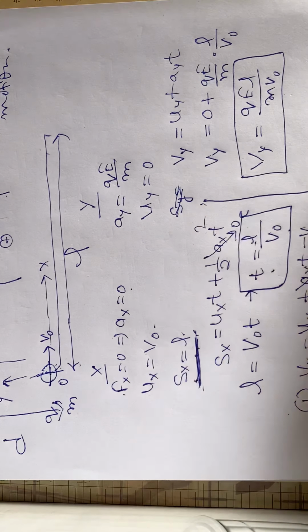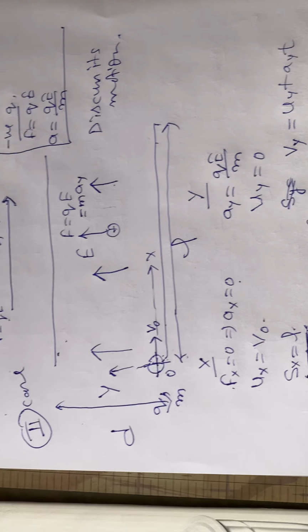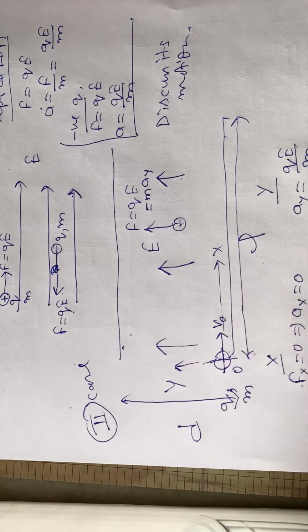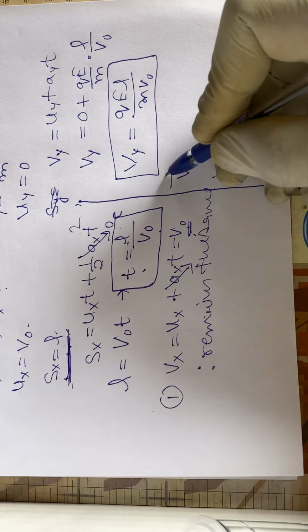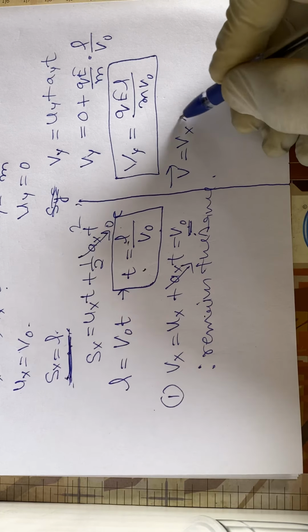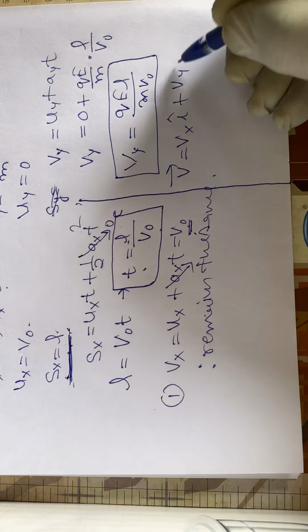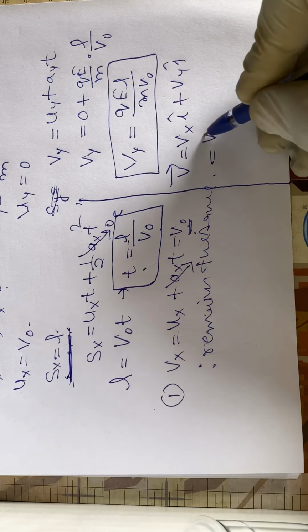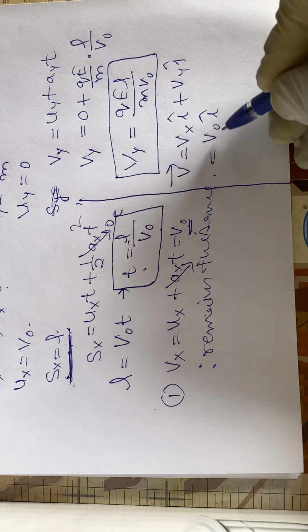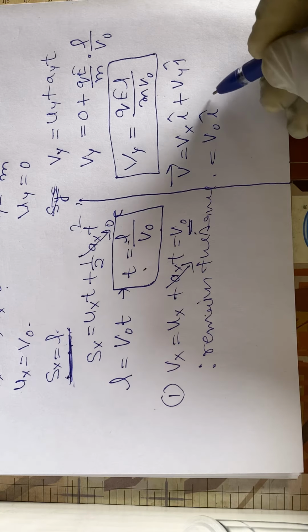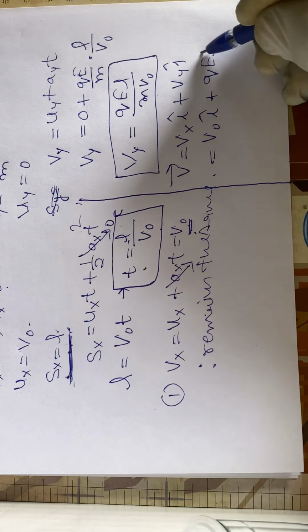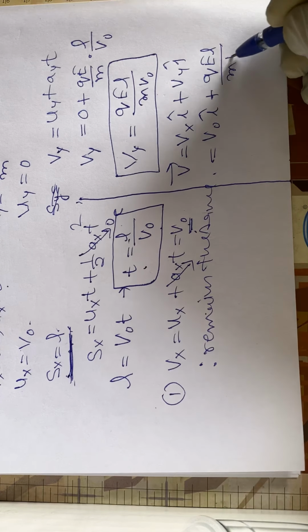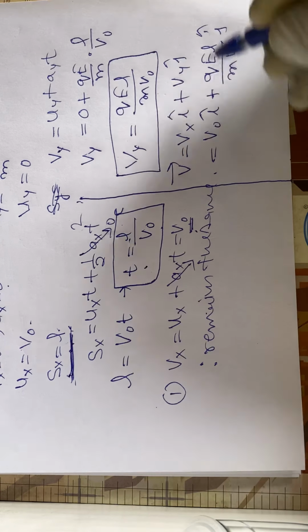So after covering this distance L, we can write the velocity as Vx i cap plus Vy j cap, which is nothing but v naught i cap, because the x direction velocity remains the same, plus qEL upon m v naught j cap.